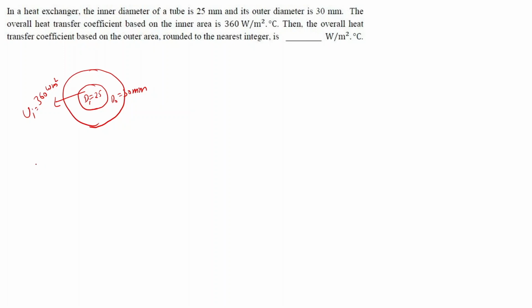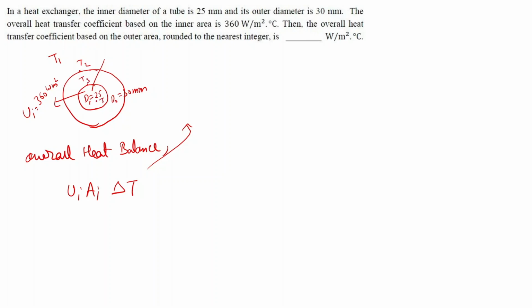Now if we write the overall heat balance across the heat exchanger, so that we can write it as UI AI into delta T, where delta T will be, so let's just consider if the ambient air temperature is T1, at the surface it is T2, at the surface it is T3, and here it is T4.